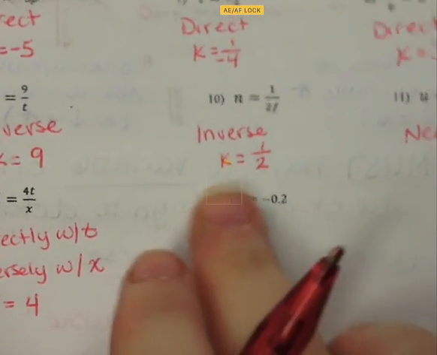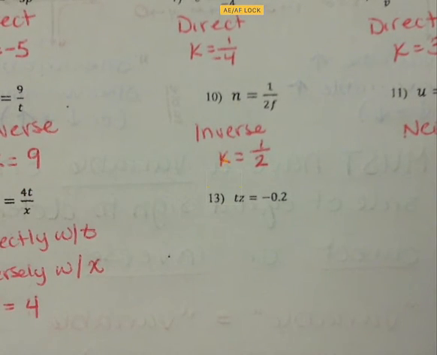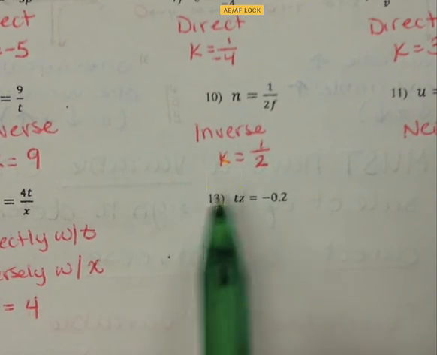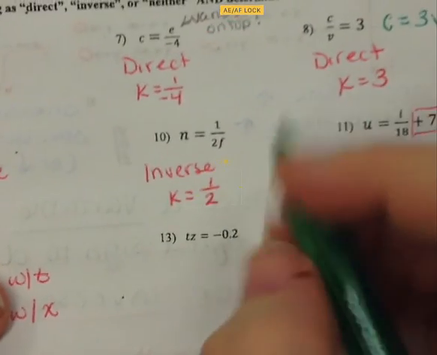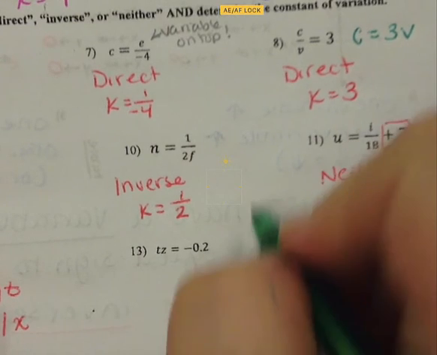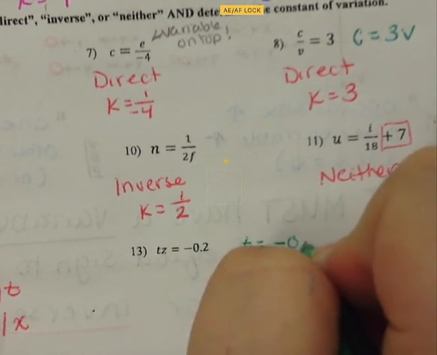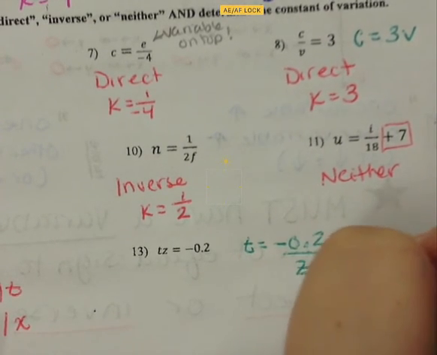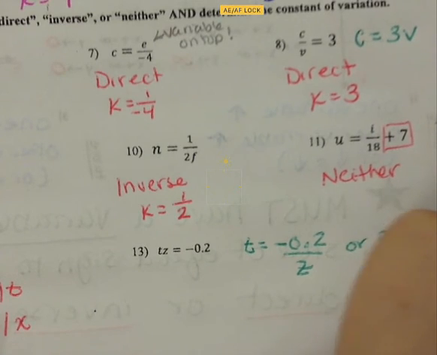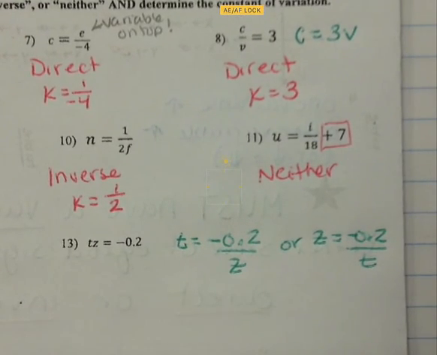And on number 13, we don't have a variable completely alone, so we have to get a variable alone. In order to do that, we would divide by one of these variables. Now, you could divide by either one of them. So we could actually have two different equations. We could have T equals negative 2/10 divided by Z, or Z equals negative 2/10 divided by T. Either one.